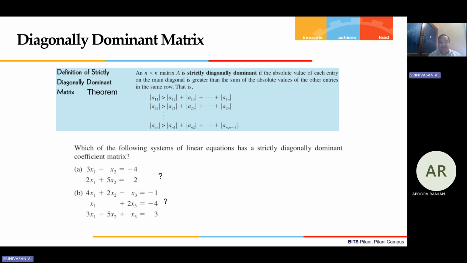So this matrix is not diagonally dominant. Is it clear? Yes, sir. Okay. It's very simple.